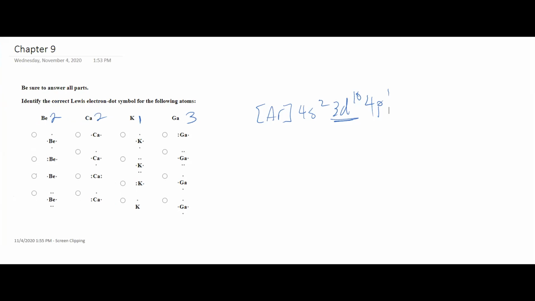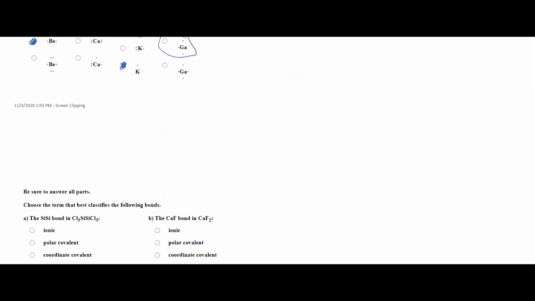So for beryllium, we're looking at a Lewis structure of Be with 2 dots. Calcium is similar. Potassium has 1. And for gallium, we are looking for this one down here and not this one. Even though both of them have 3 valence electrons, we want each side to have 1 valence electron before we double them up.